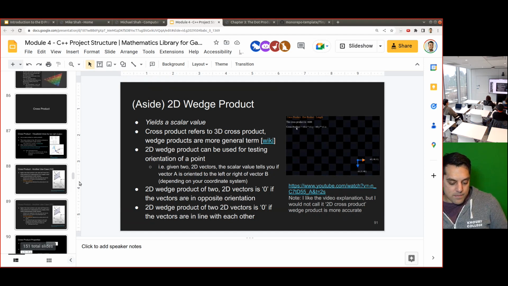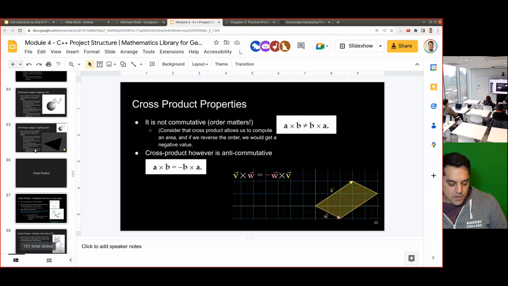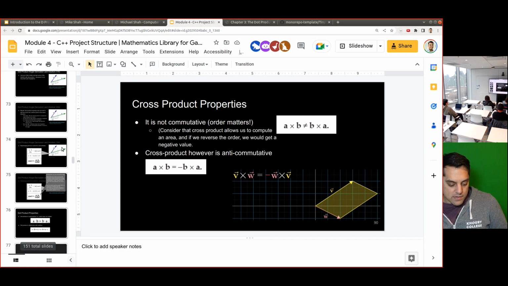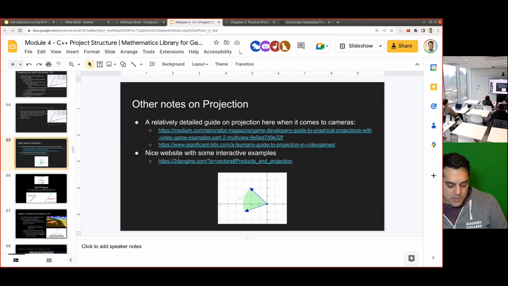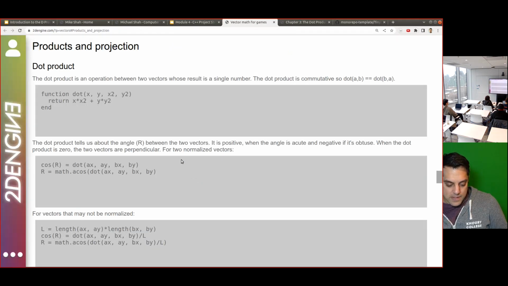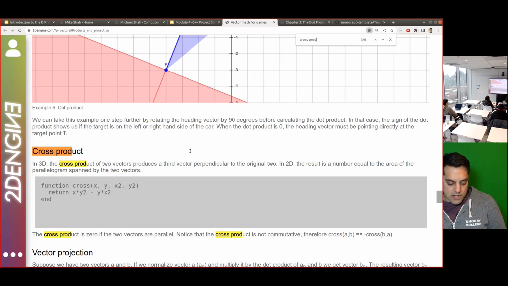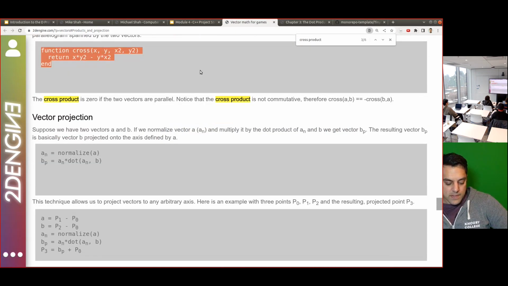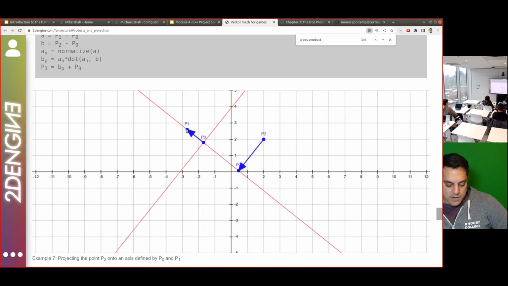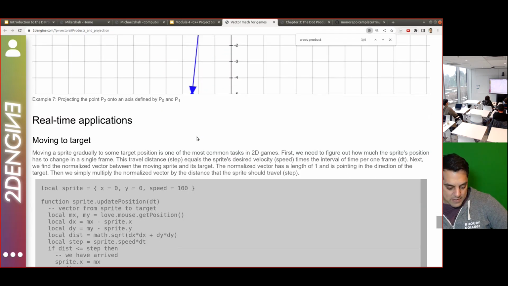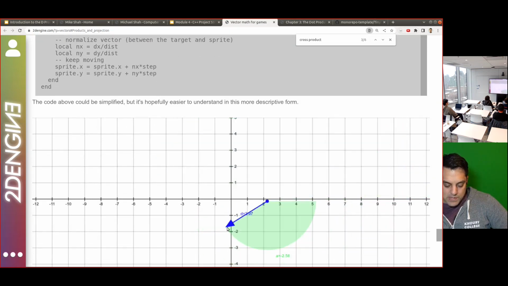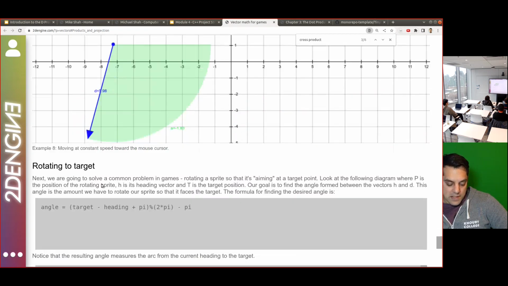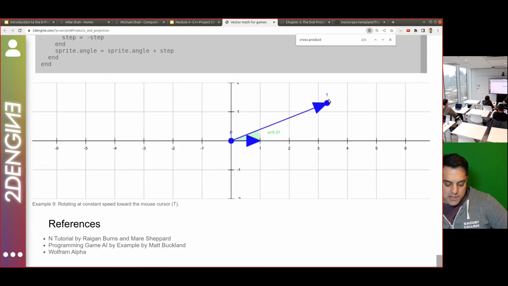Let me go back here for a moment to that nice website, just so I can show you. It's a little easier to show you visually in this 2D engine thing. Let's see, cross product. Okay, so here's how to do it in 2D. There are some nice examples on this website that you can play around with, like rotating to a target.